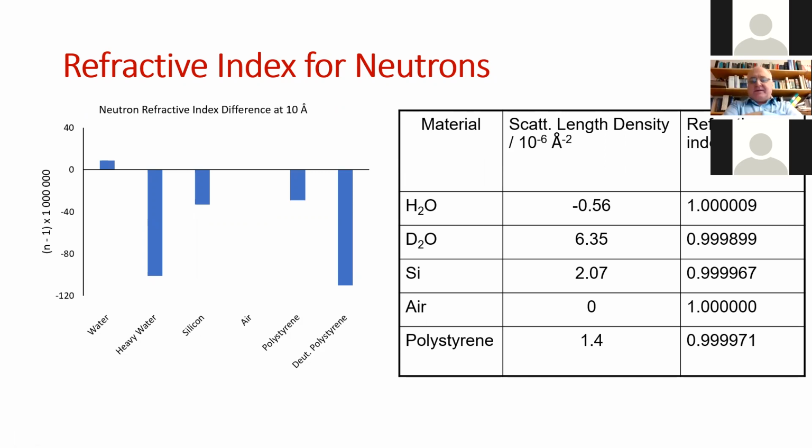Related to the properties that we spoke about earlier, the neutron doesn't interact strongly with most materials. And that's why the differences are very small.